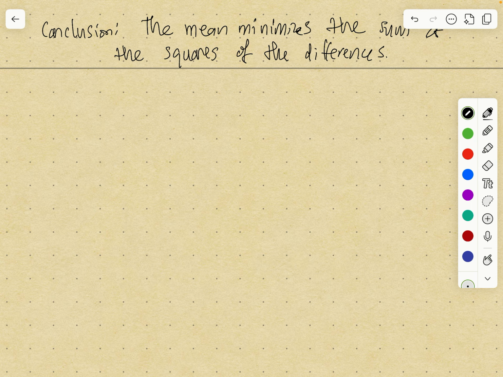There's another way to measure the amount of deviation of a statistic from the data.